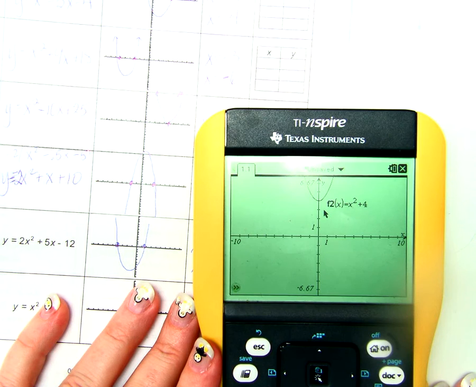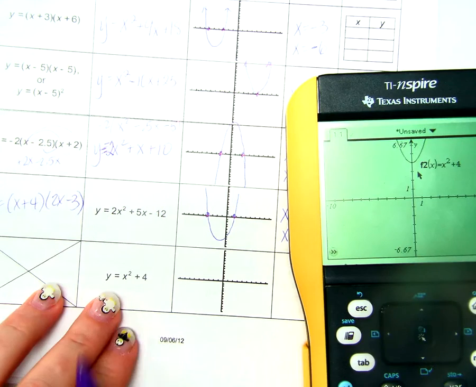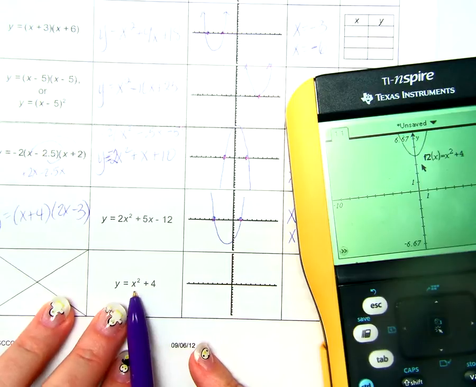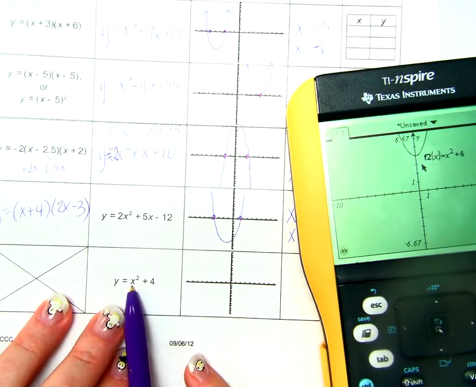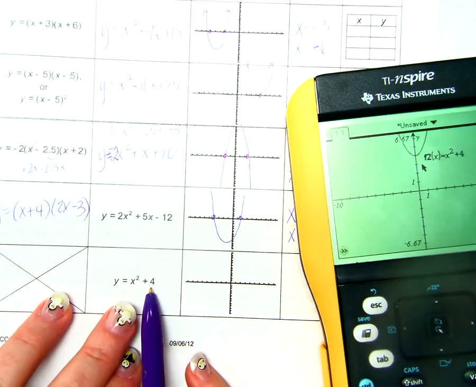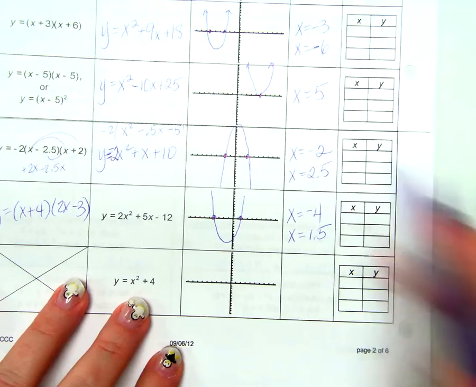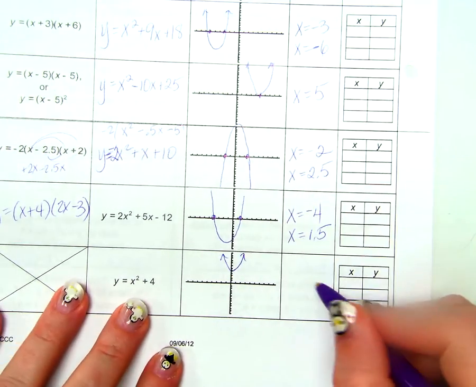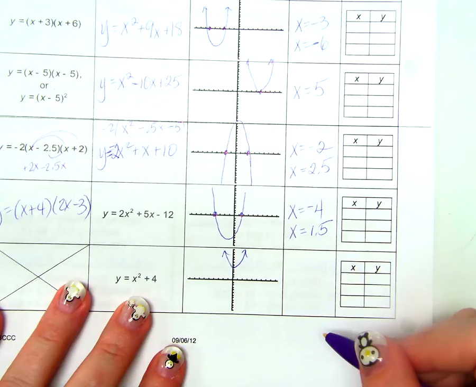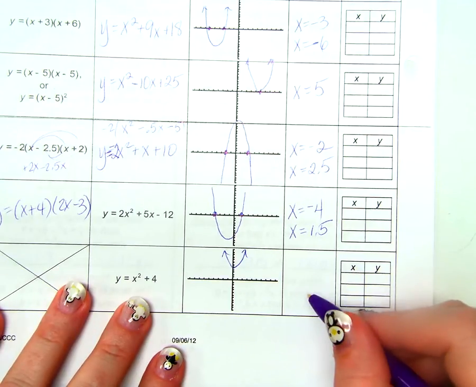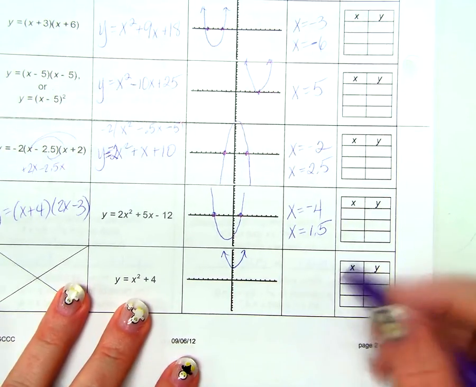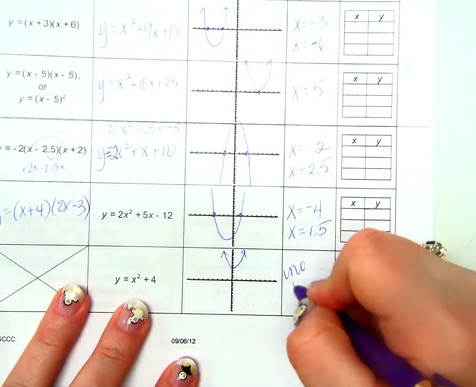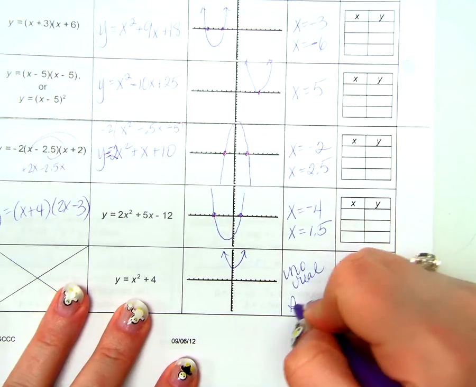Aren't they? Yes? So doesn't this look like a transformation like we've been doing the last couple days? The parent function scooted up 4, right? Up 4. Where are my zeros? Is that allowed? Are we allowed to have no solution? Yeah, as long as you write no real solutions.